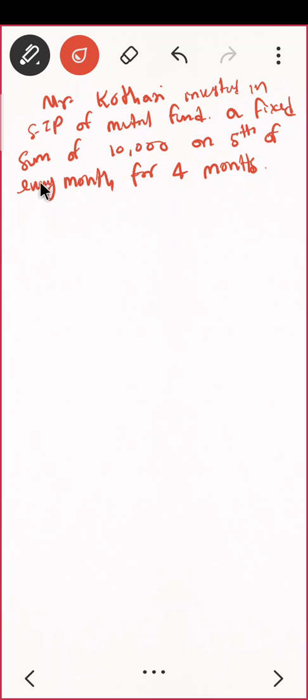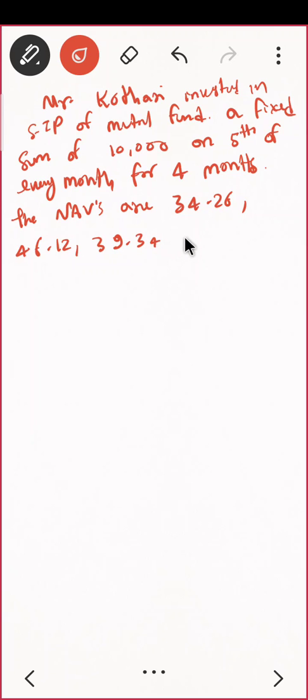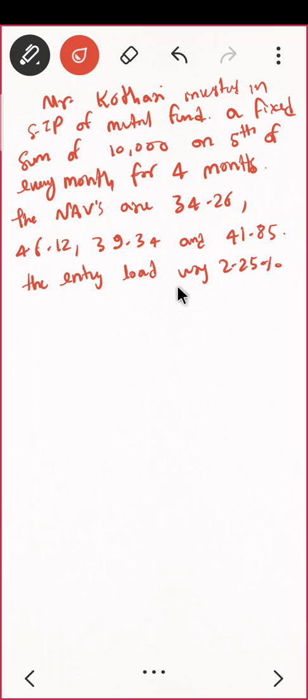The NAVs on these dates, I'll write them directly: 34.26, 46.12, 39.34 and 41.85. The entry load was 2.25%. In the previous question there was no entry load.